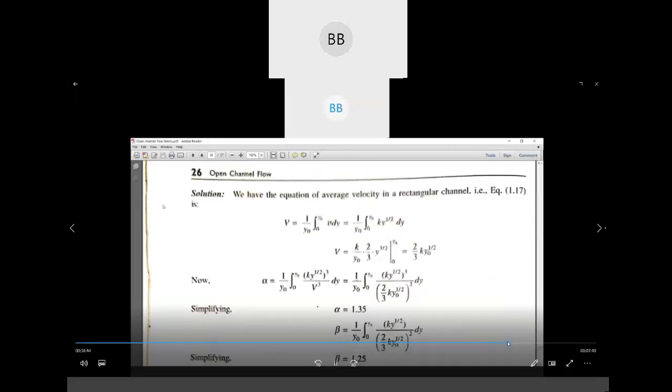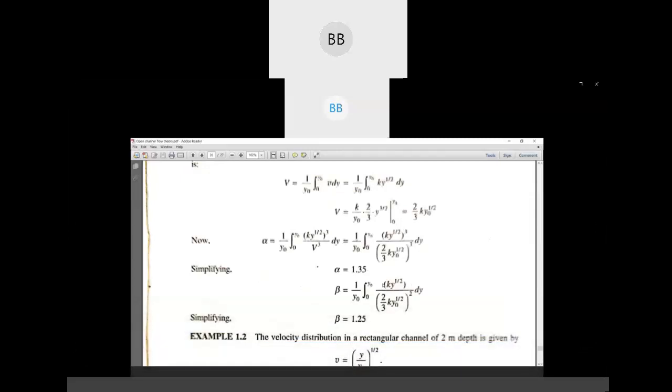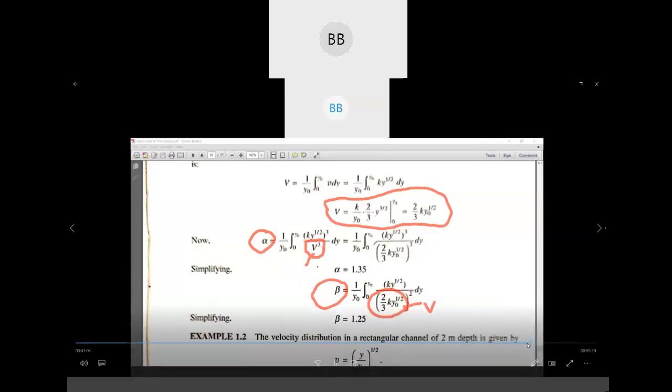Similarly, you find out beta also. Doubts regarding this? I will give you the same equation in that WhatsApp group.